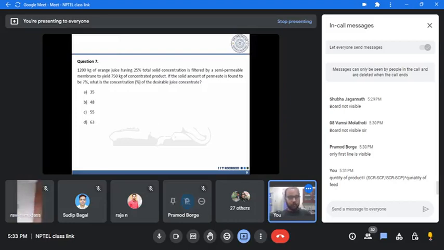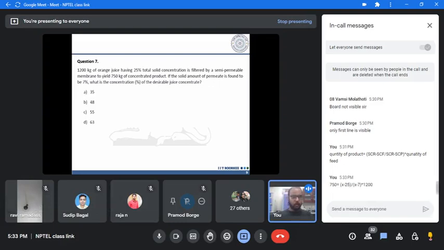Okay, so here I will type 750 equal to x minus 25 upon x minus 7 into 1200. Okay, so you solve this equation.